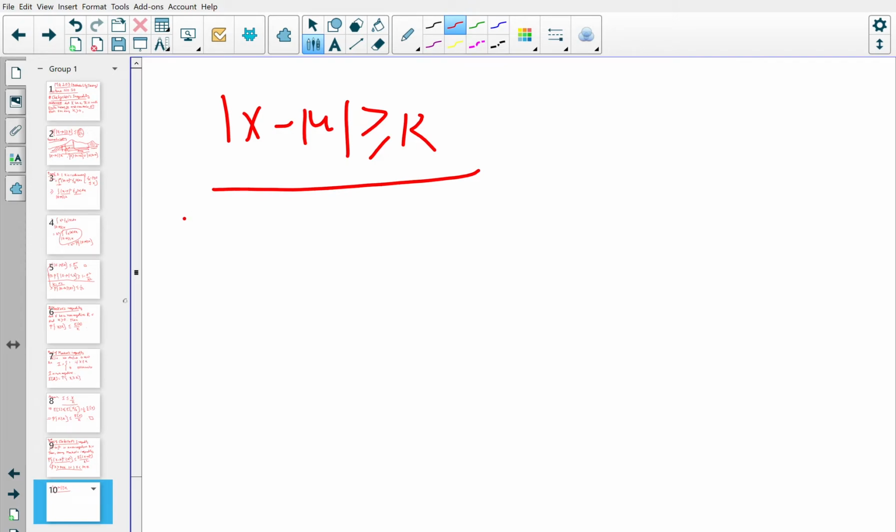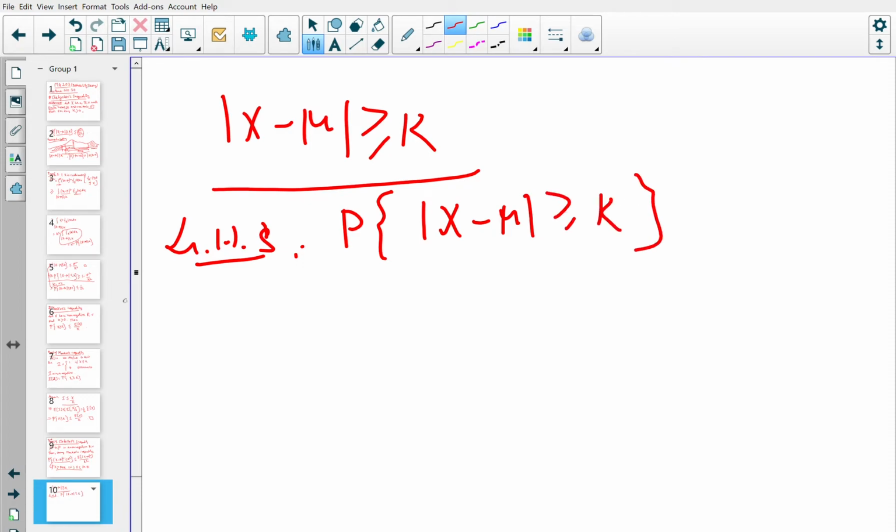So the left hand side becomes now the probability that mod of x minus mu is greater than or equal to k. And by Markov inequality we got it is at most expectation of x minus mu whole square by k square.